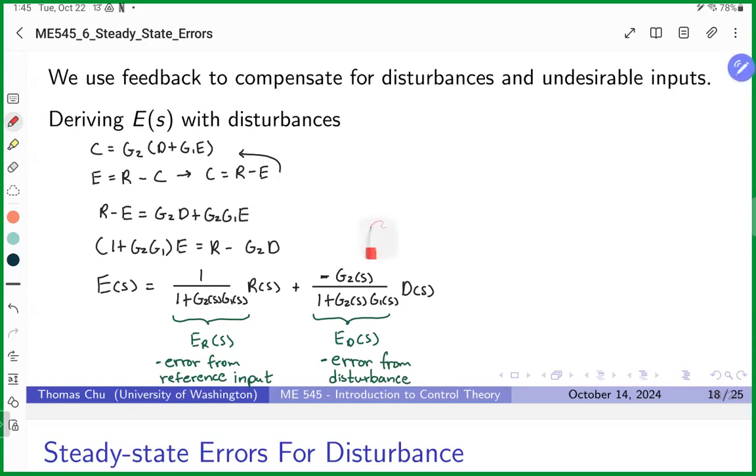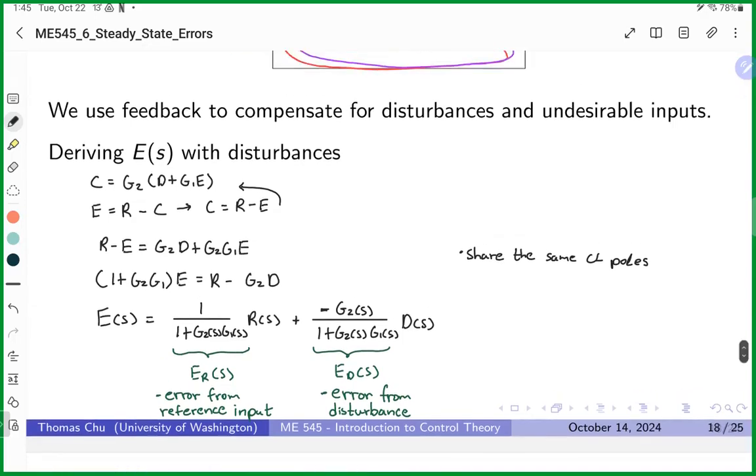Note that they both share the same closed loop poles. So the stability of error is dependent on the closed loop poles. And that the steady state value only exists then for stable systems.